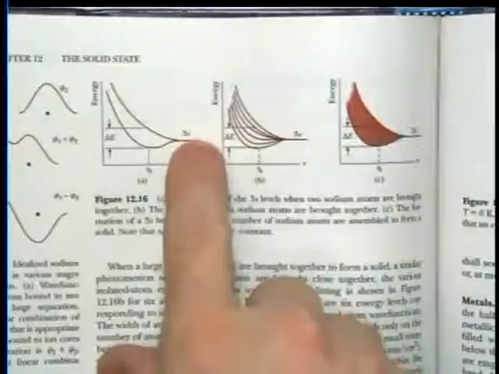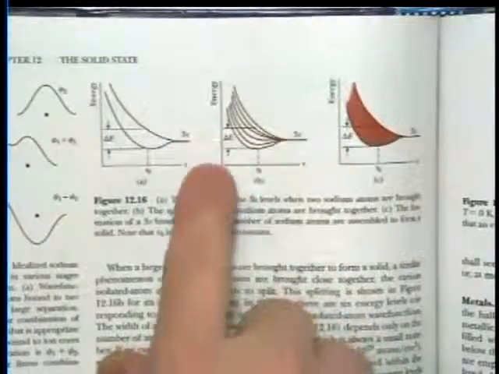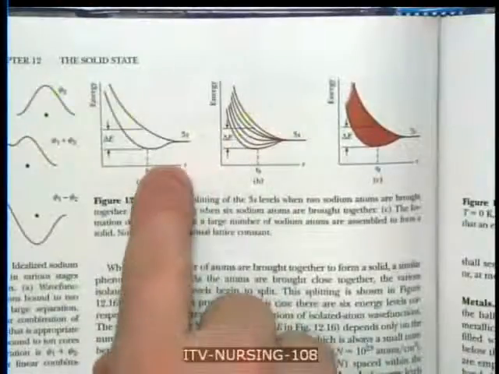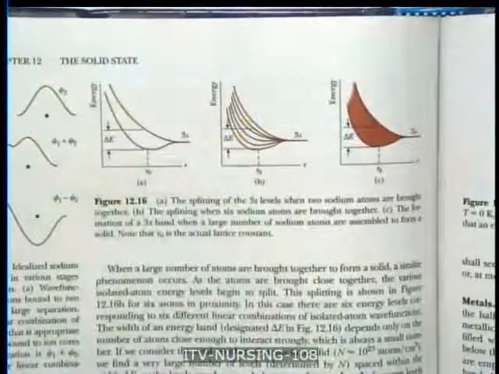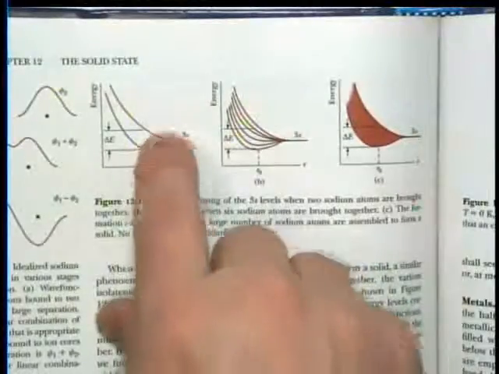So here's just a couple of atoms put together. There was the original, but they're very far apart. There's only one energy level for each atom. And then they get closer and closer together. And as they get closer together, they begin to overlap and interact and talk. When they interact and talk, one of them gets driven down, one gets split up.